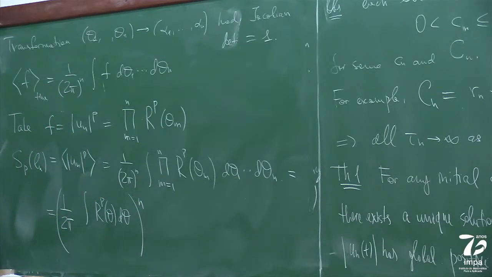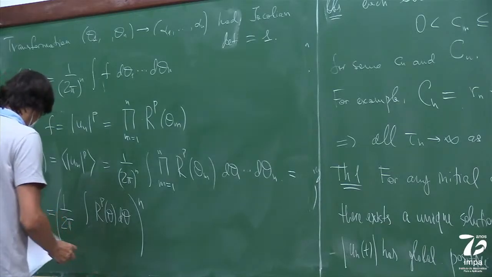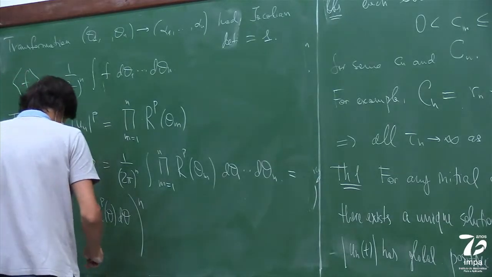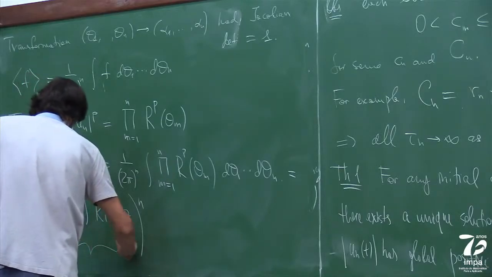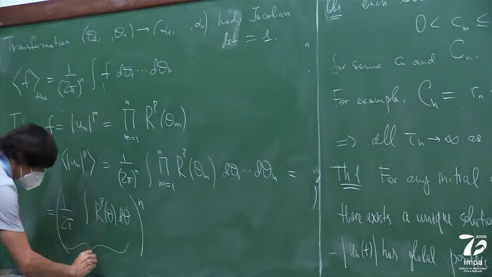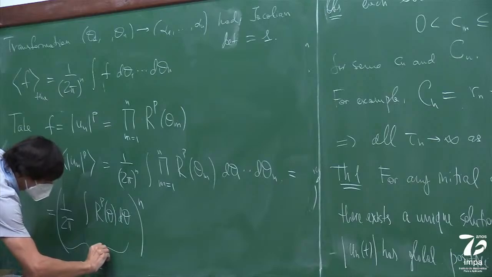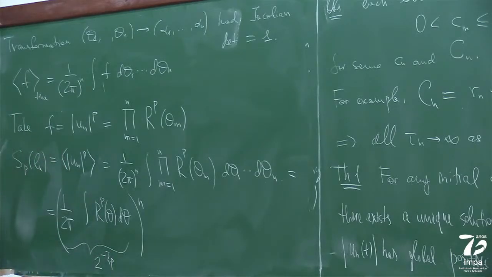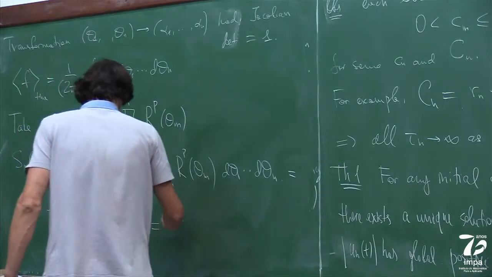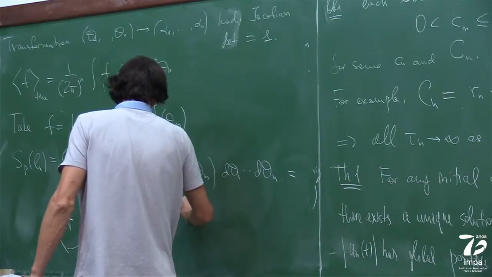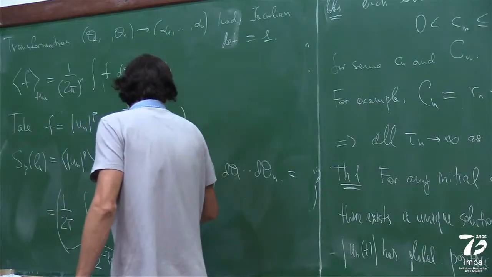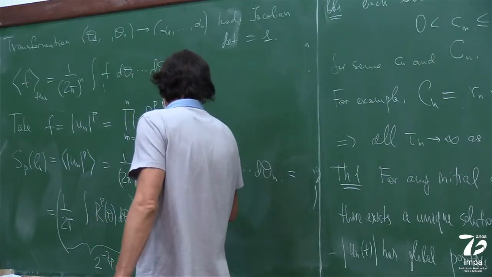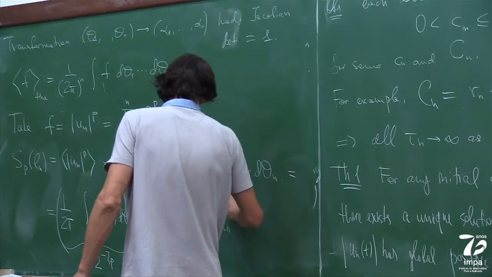Okay. And this, let's call this term 2 to the minus zeta p. So if it's 2 to the minus zeta p, it becomes 2 to the minus n zeta p. And this is L to the zeta p.